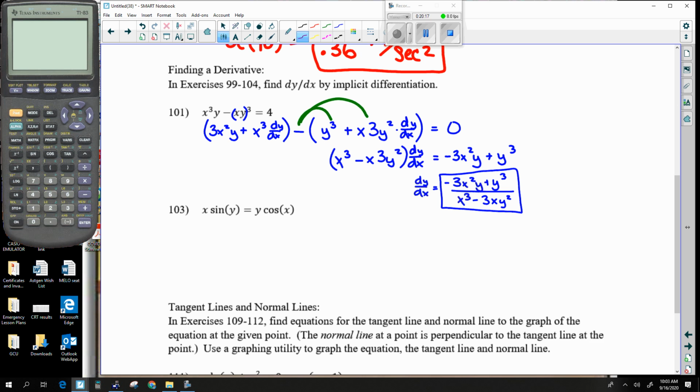So this is the same thing as saying 3x squared y minus y to the third over negative x to the third plus 3xy squared. And so it's the same thing.